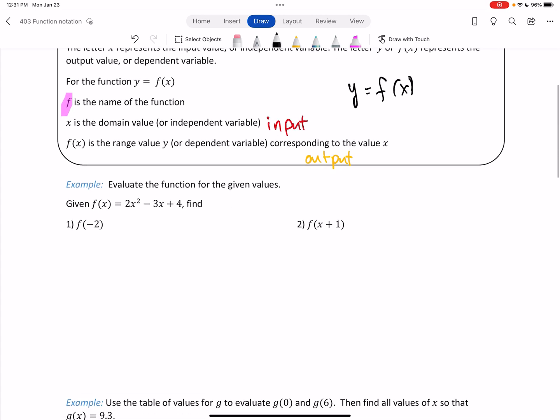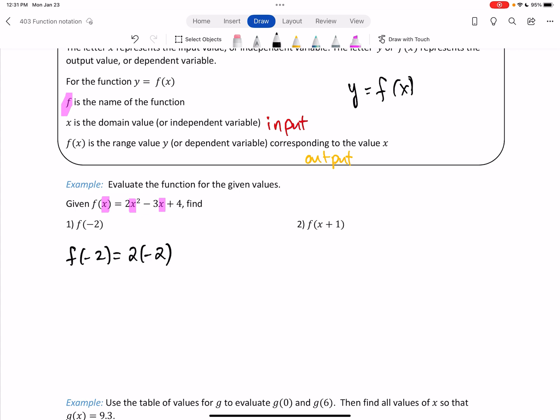So here's an example. Here's a function. F of x is 2x squared minus 3x plus 4. So anytime you plug something in, you're going to square it, you're going to do negative 3 times it, you're going to add 4, okay? So this says find f of negative 2. To find f of negative 2, you need to plug negative 2 in to all of the x's.